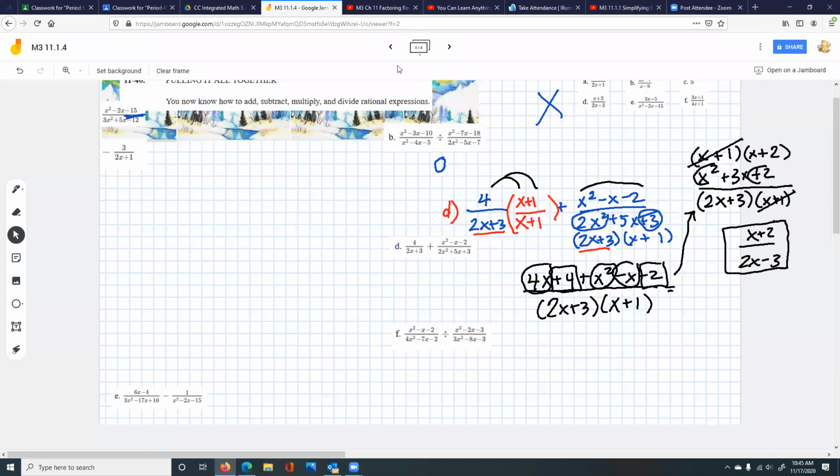Let's write down E. E says 6x minus 4 over 3x squared minus 17x plus 10 minus 1 over x squared minus 2x minus 15.